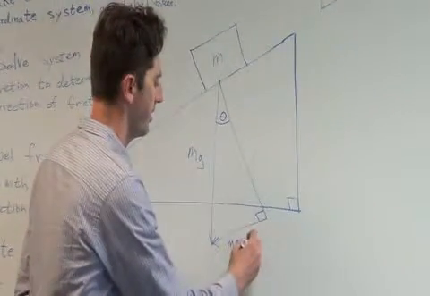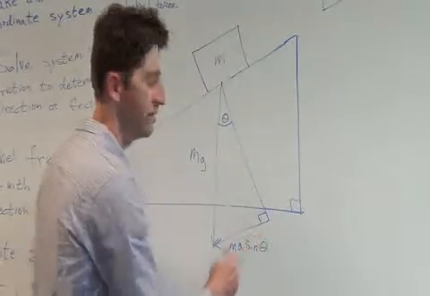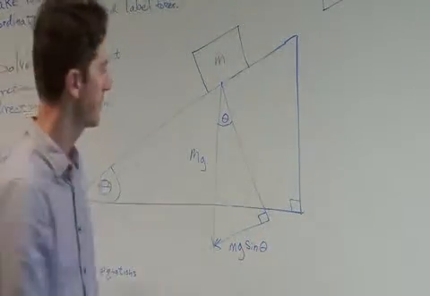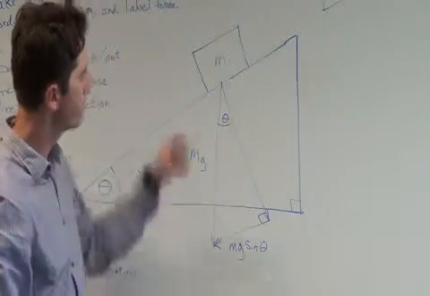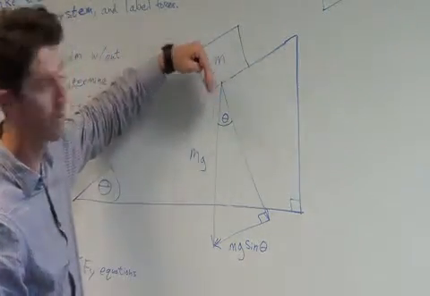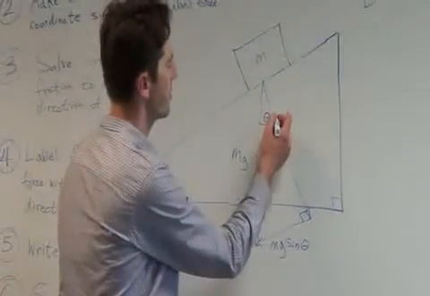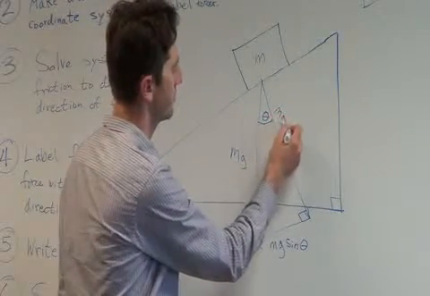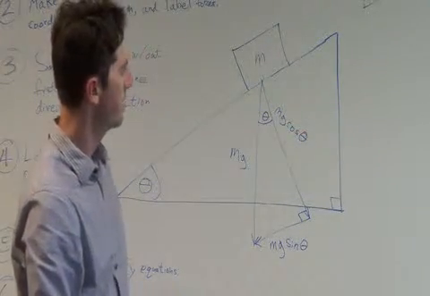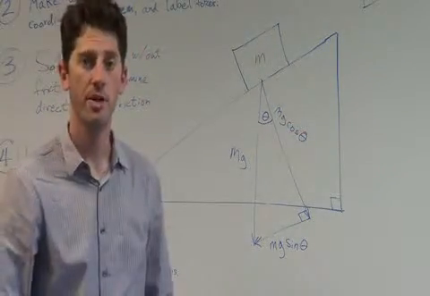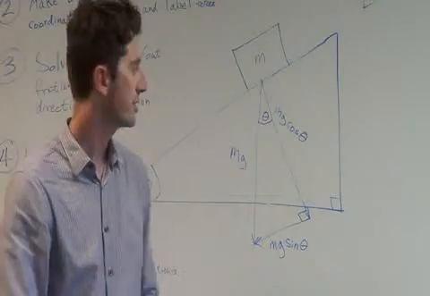That'll be mg sine theta from our previous videos. And there's a component that is going perpendicular to the surface. That will be mg cosine theta. And so, by Newton's third law, for every action there is an equal and opposite reaction.